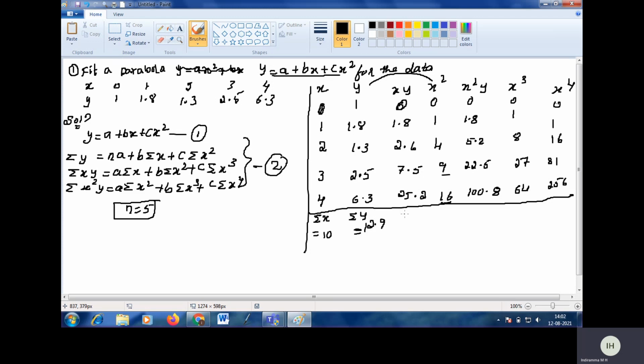Next summation of xy, adding the third column, you will get 37.1. Next summation of x square, we need to calculate the sum of these values. Summation of x square is 30. Then summation of x square y will be 130.3.